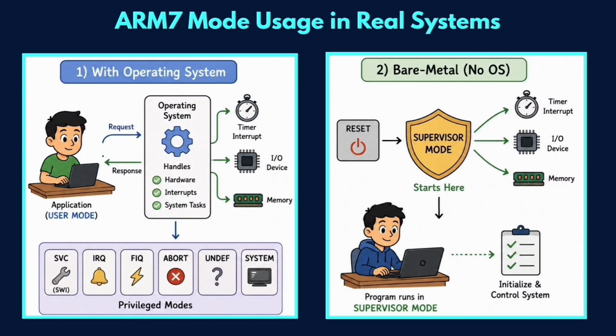So the program usually starts in supervisor mode. Our code usually continues executing in supervisor mode unless we explicitly switch modes. Supervisor mode is used during startup because the processor needs full control to initialize the system. Understanding processor modes is a foundation for understanding interrupts and embedded systems on ARM7.